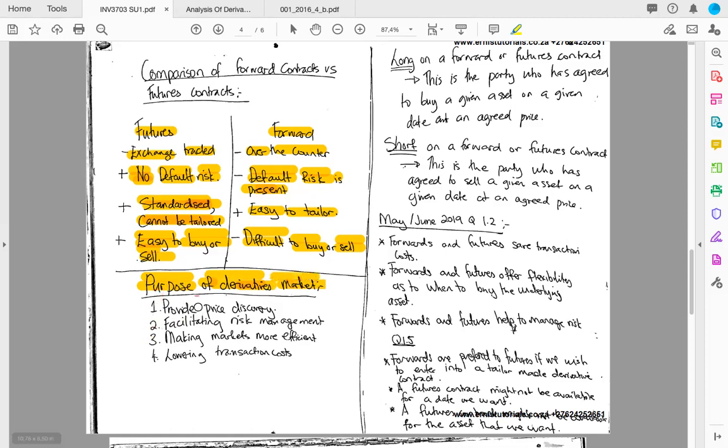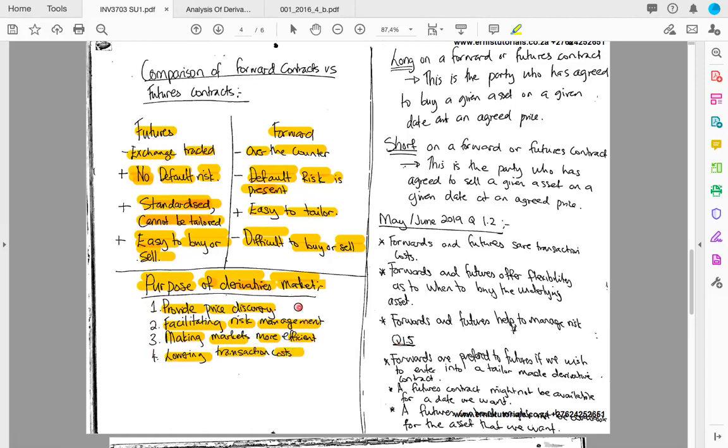So it's also a common question in exams and assignments to be asked to list the 4 purposes of the derivatives market. The derivatives market helps to provide price discovery. It also helps to facilitate risk management. It also helps in making markets more efficient, and it also helps in lowering transaction costs.